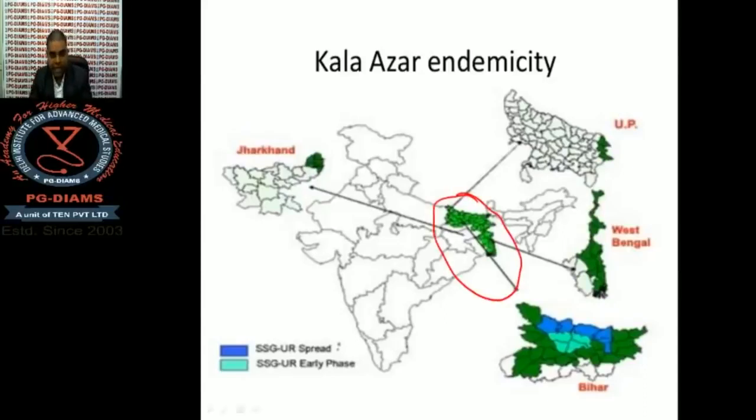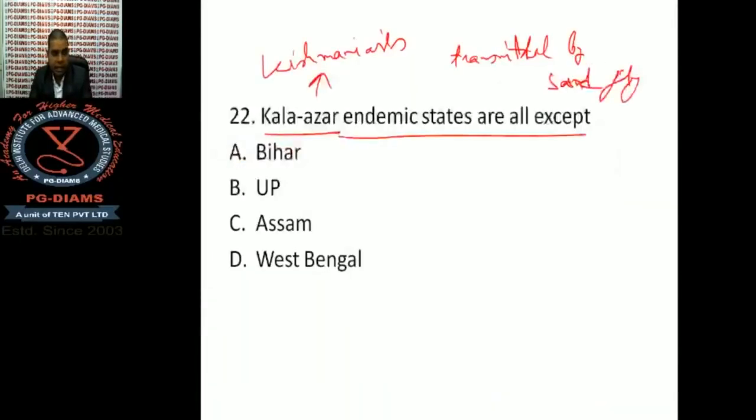What do you mean by endemic? Endemic means states or areas which have the disease in a regular manner. That means every year cases keep on coming in that area. That is endemic for that disease.